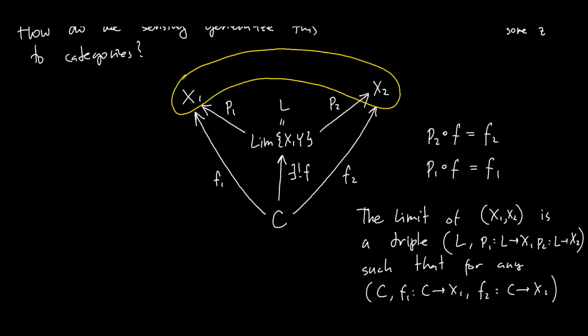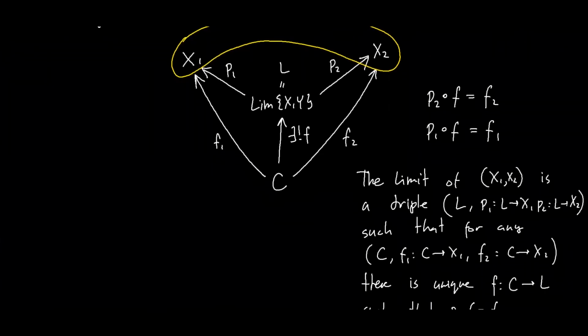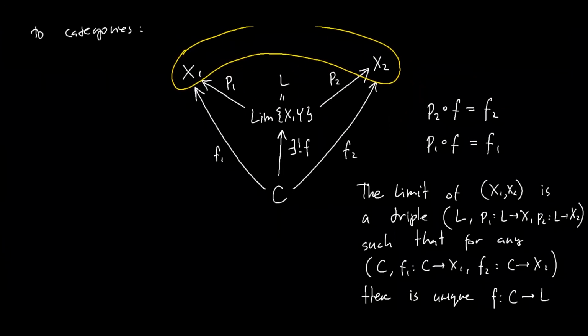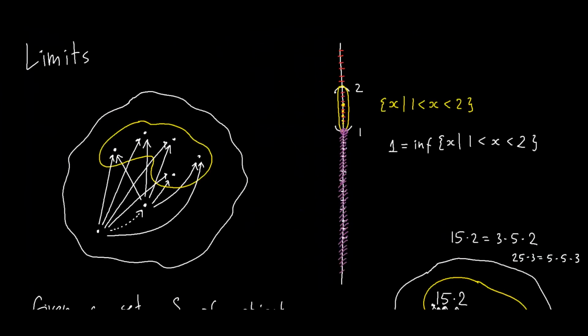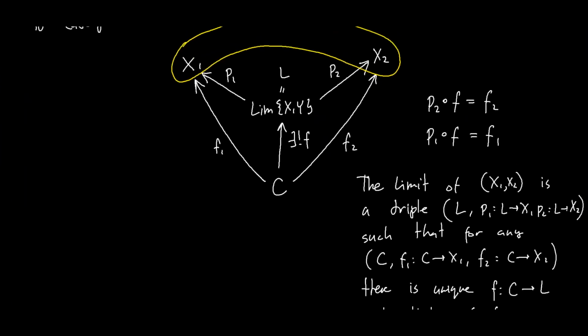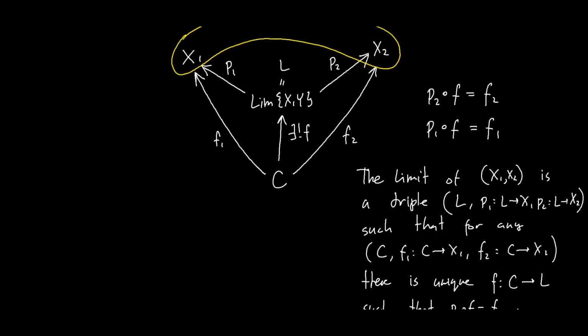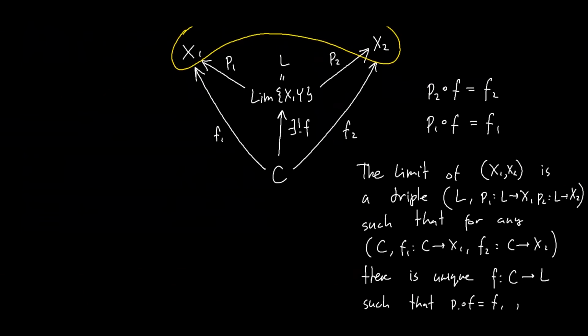Why did we choose this specific one? And in fact, the answer is that this notion historically did not arise from generalizing the notion of a limit from a preorder. It arose more from understanding the notion of a product of mathematical structures.